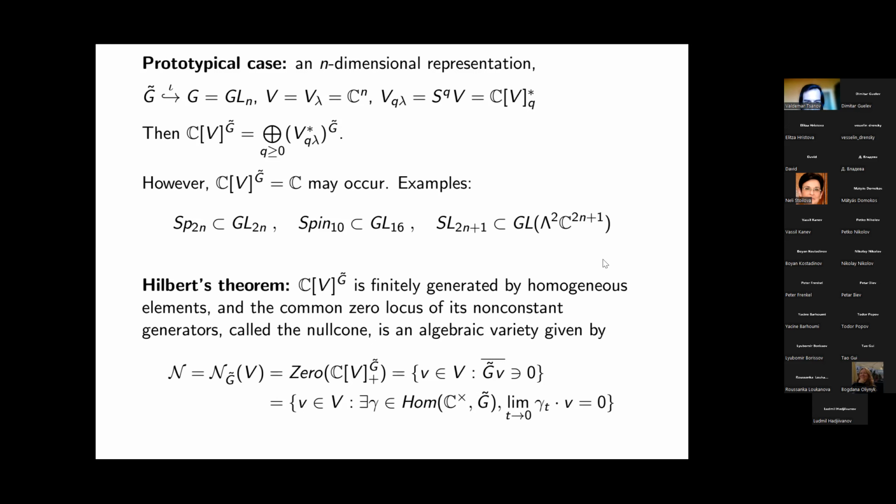to show finite generation. So this null cone is important, and we can formulate a simple criterion that there will be no non-trivial invariants if and only if the null cone is everything.